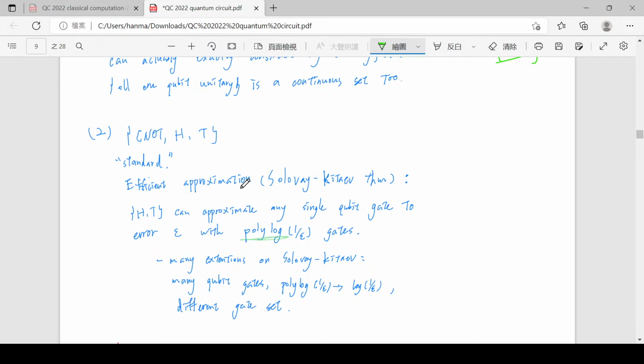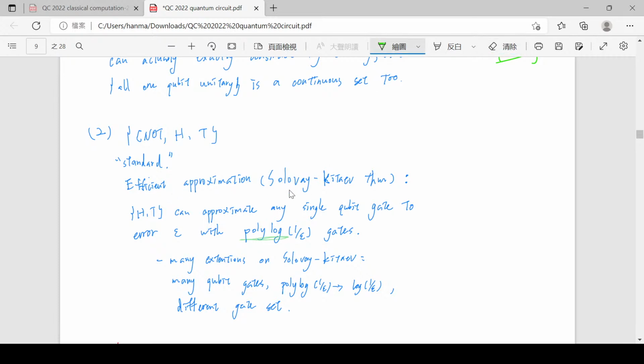Efficient means efficient in the error of approximation. I think it's polylog in 1 over epsilon.